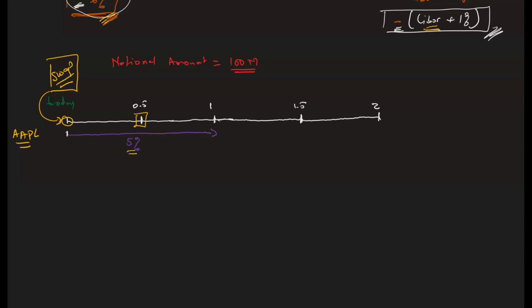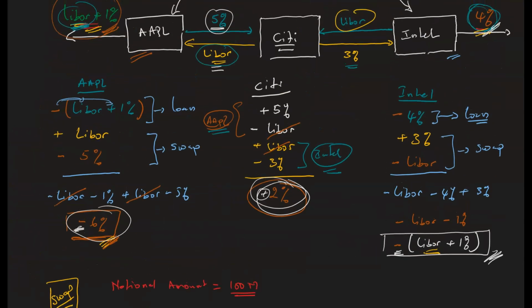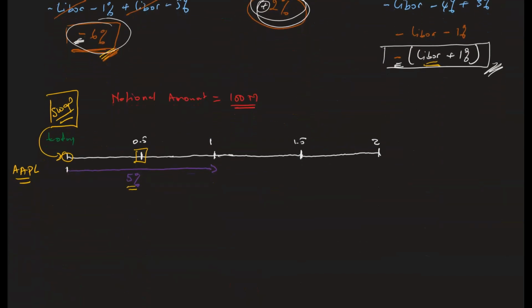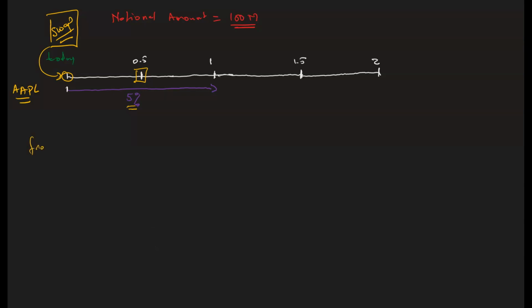Well, we remember that Apple is going to be receiving LIBOR from Citi, right? That's what we had. Apple is receiving LIBOR from Citi. So, I'm going to do this a little further down here. Let's say from Citi, Apple is going to be receiving 5% annually, which is 2.5% semi-annually.